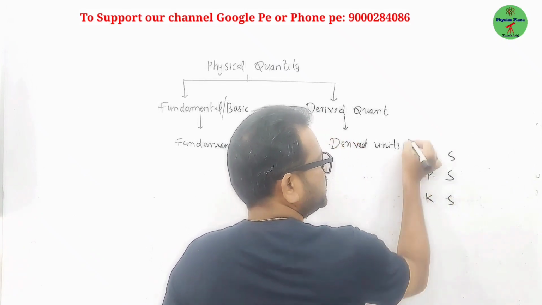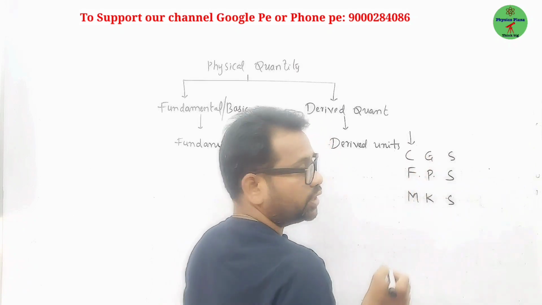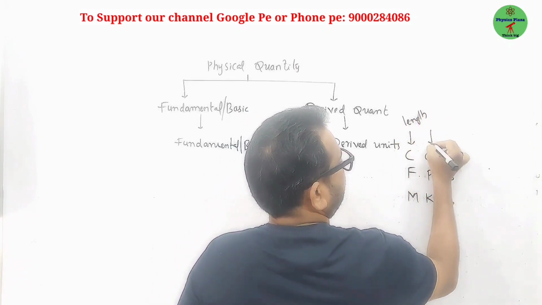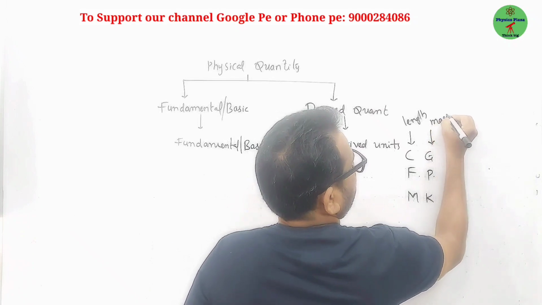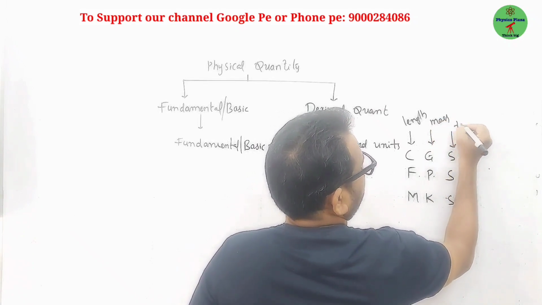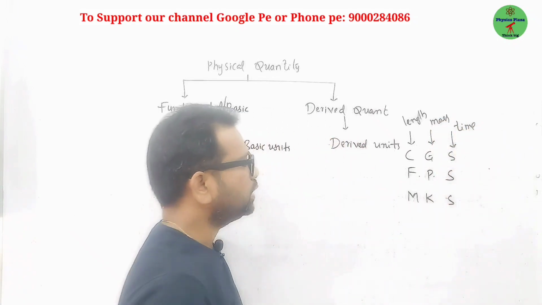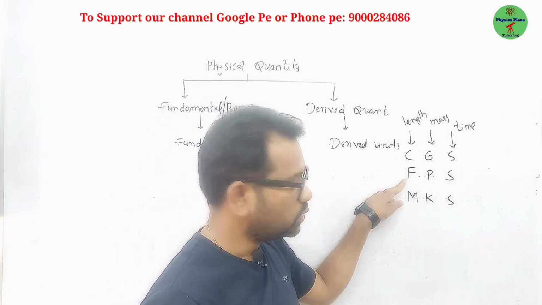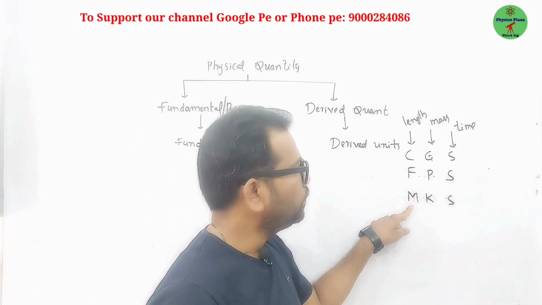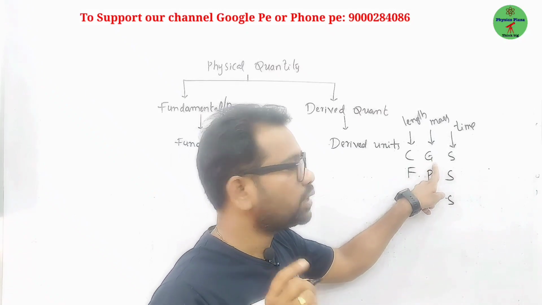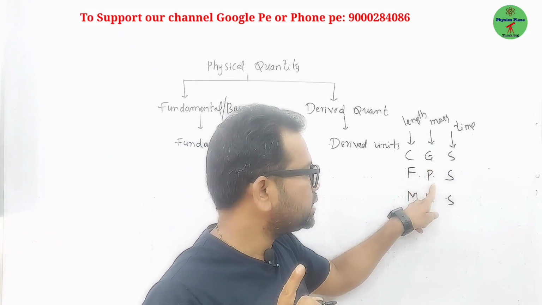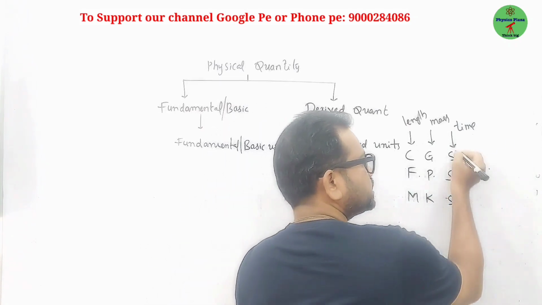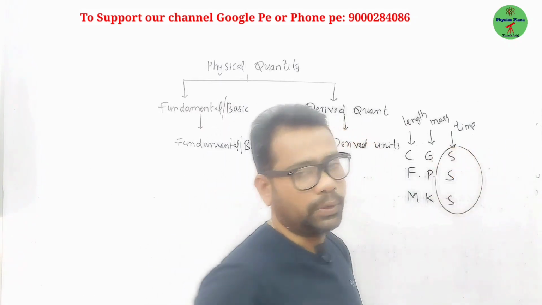The first one is length, the second one is mass, and the third one is time. So in the CGS system, length is measured in centimeters, in FPS, foot, in MKS, meter. Whereas in the CGS system, mass is measured in gram, in the FPS system it is pound, and in the MKS system it is kilogram. Of course, in all systems, time is measured in seconds only.